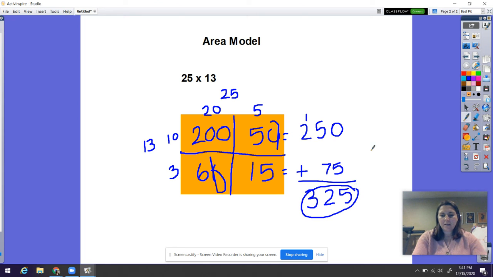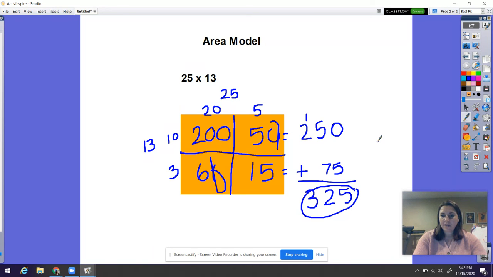So 4th grade is not all about teaching them the quick method of stacking and multiplying. It's really teaching them that underlying concept that numbers can be broken down into smaller bits, and that way we can use those smaller bits to find partial products or partial areas and then put them back together to find the full.